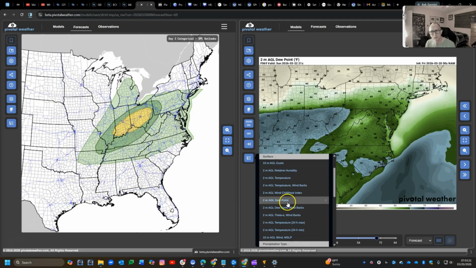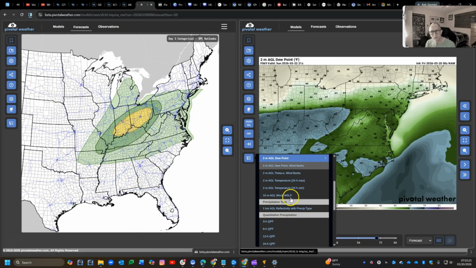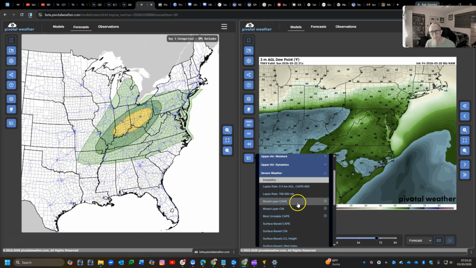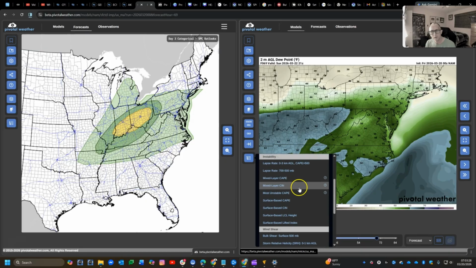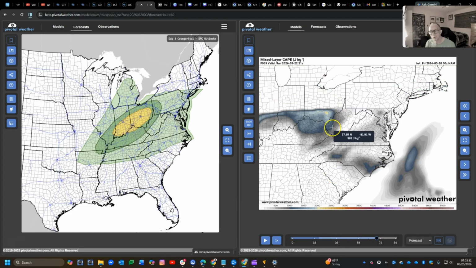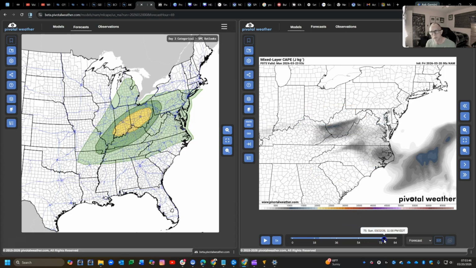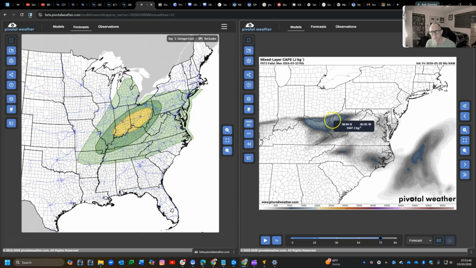So let's see what parameters it has for severe weather here. One thing we look at, and we talk about this, is mixed layer CAPE, which is energy in the atmosphere. So we have some CAPE values that are somewhat elevated here, just right around our area of interest on the left. So if these can be realized, we get some convection firing.